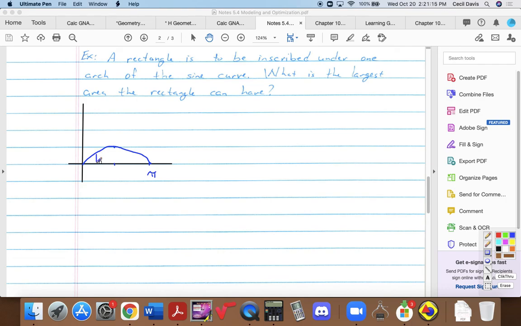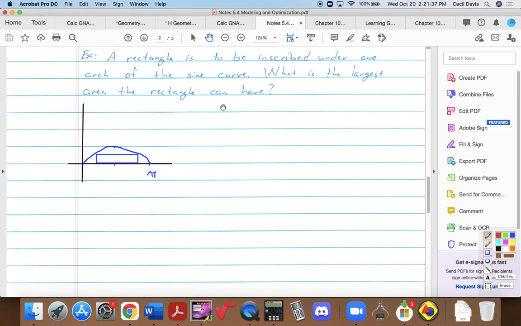Do your best. So the rectangle would look something like that. So we're trying to figure out what makes the area as large as possible. Now, generally speaking, area for a rectangle is base times height, right? So we need to get base and height both in terms of some same variable.